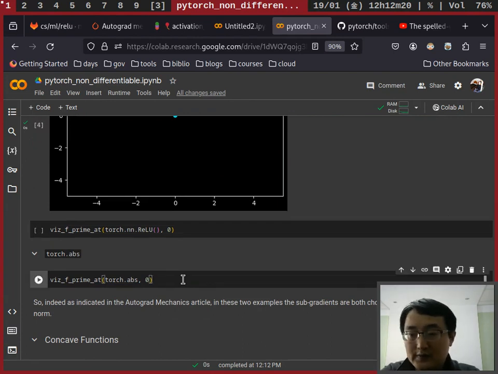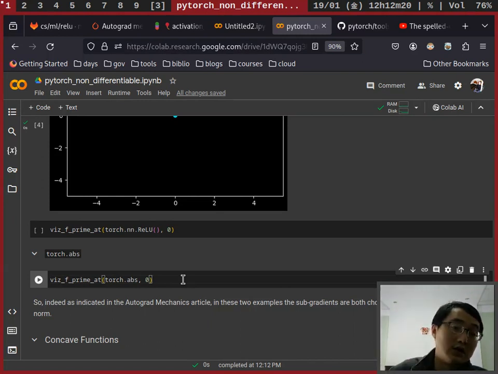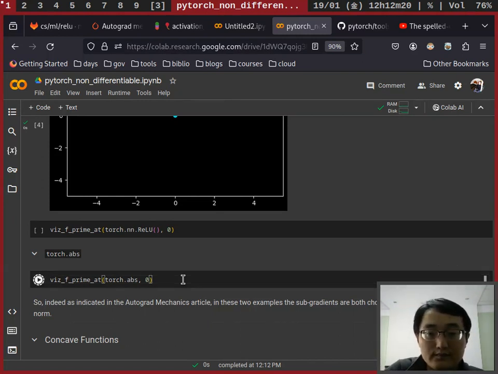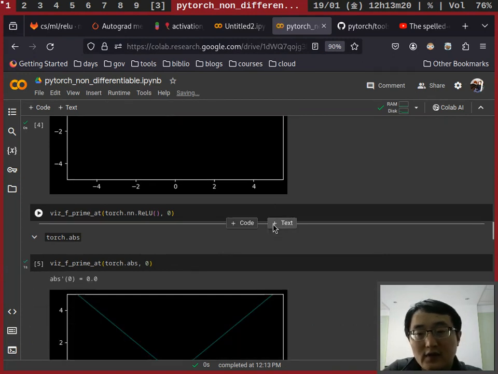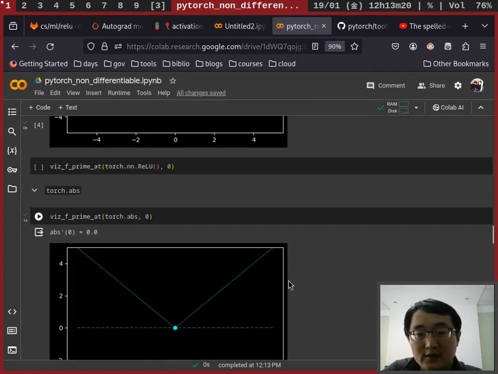Actually, the absolute value function is another convex function, so we can try to run with the absolute value function, with the non-differentiability at x equals 0, and see what PyTorch gives as a subgradient.